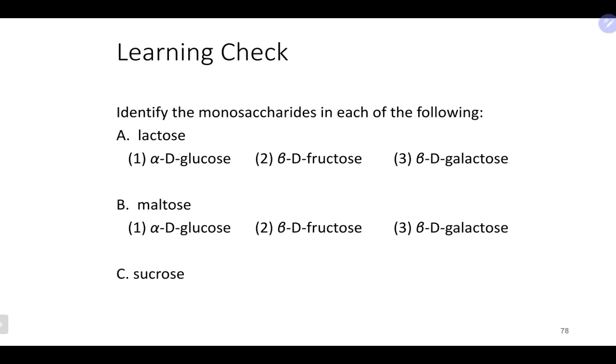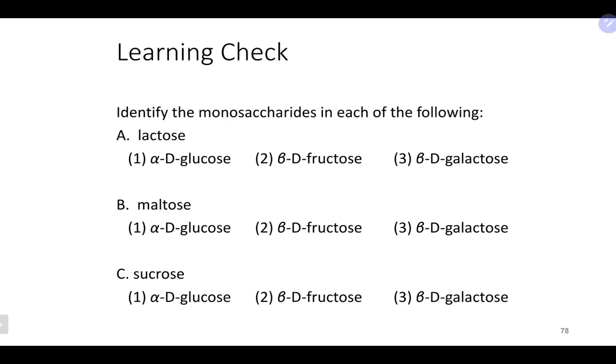All right, so for each of these, we have lactose, which is made up of galactose and glucose. Maltose is a couple of glucoses, right?